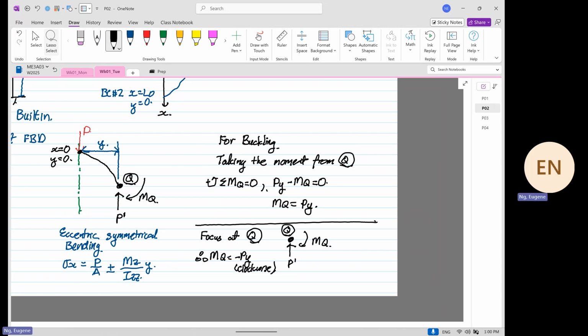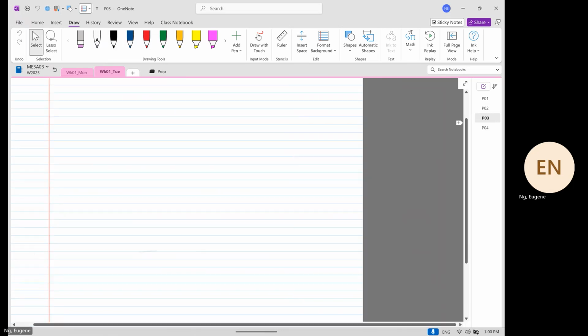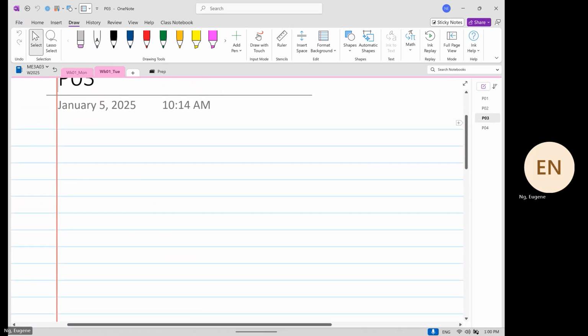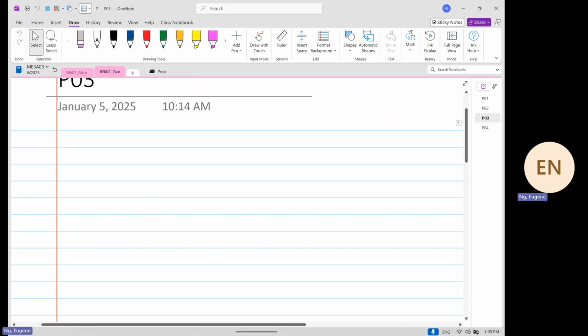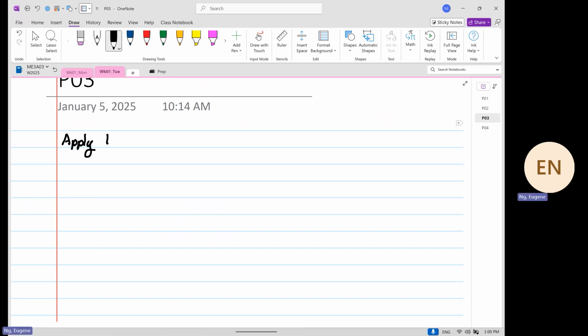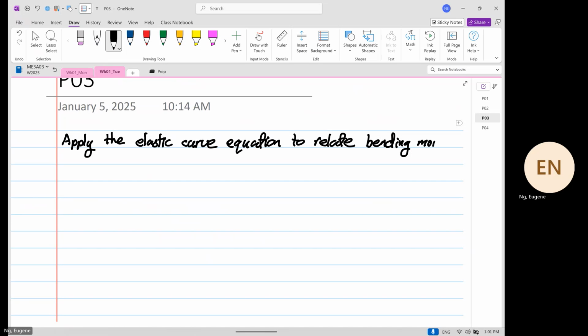From here, we are going to apply the elastic curve equation to relate bending moment to deflection.